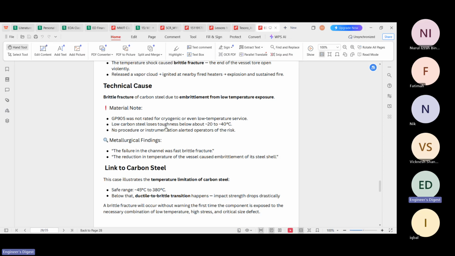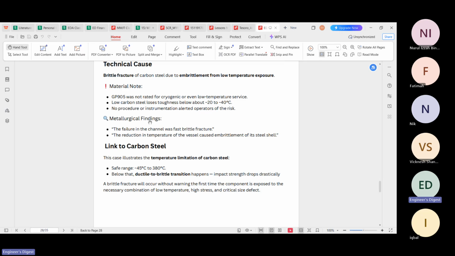Carbon steel loses toughness below minus 20 to minus 40 degrees, and no procedure or instrumentation alerted operators of the risk. The metallurgical finding: the failure in the channel was a fast brittle fracture, and the reduction in temperature of the vessel caused embrittlement of its steel shell.